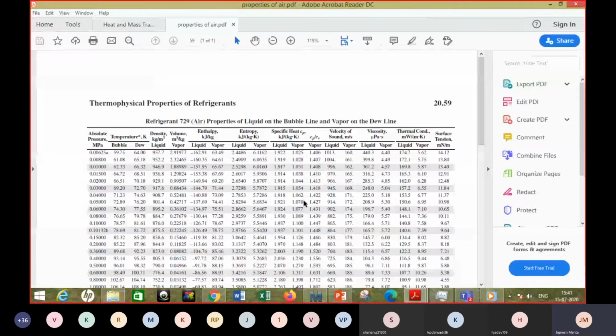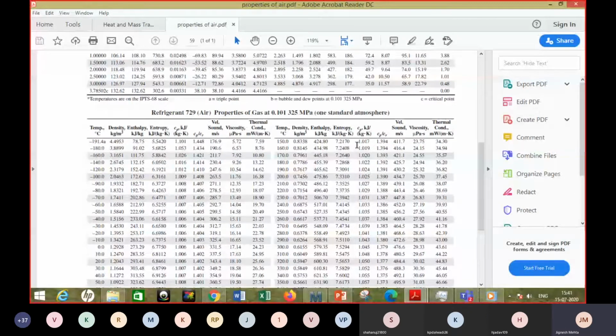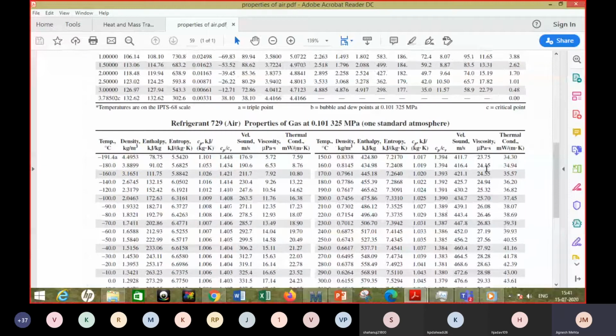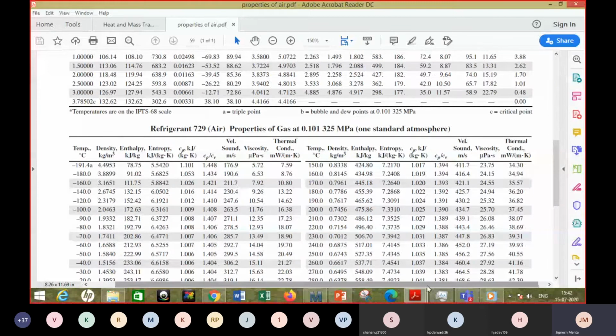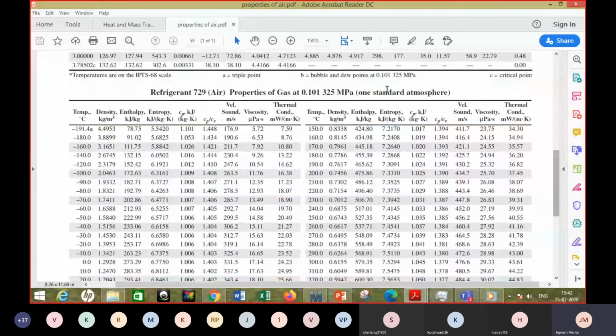You find it first for 1 atmospheric pressure, as it is given in this table, and then the pressure that we are going to consider here is 1.5 atmospheric pressure. This is one standard atmosphere pressure.